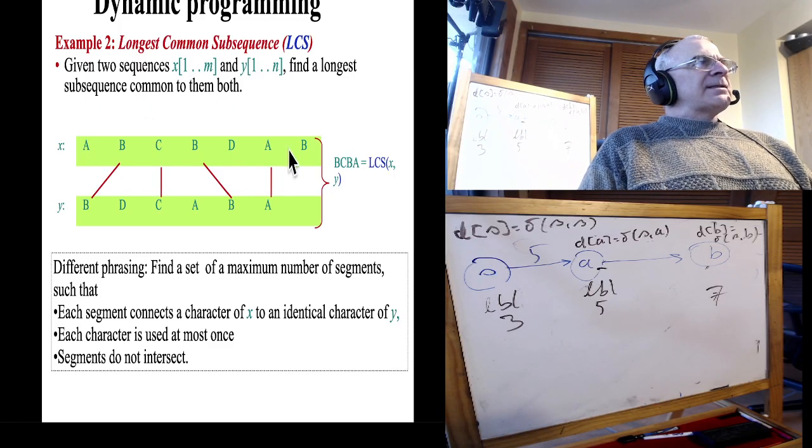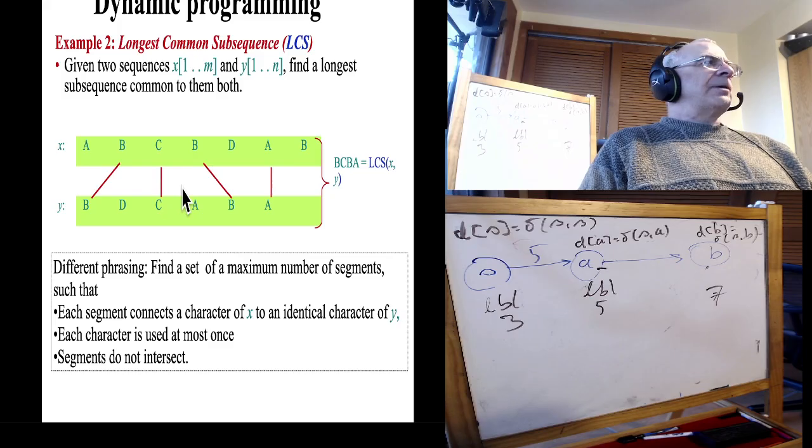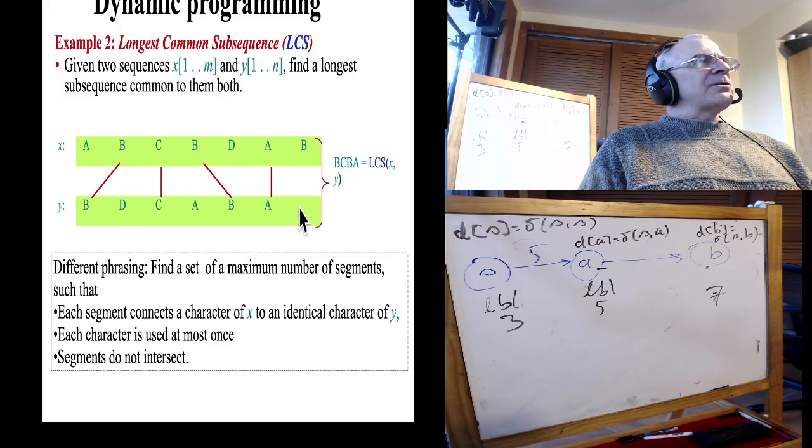We have one sequence X full of characters, let's say A, B, C, B, D, A, B, etc. And Y, a sequence of characters as well.